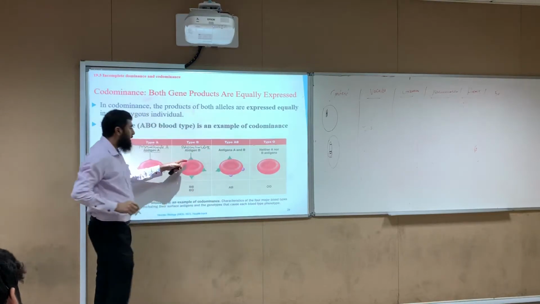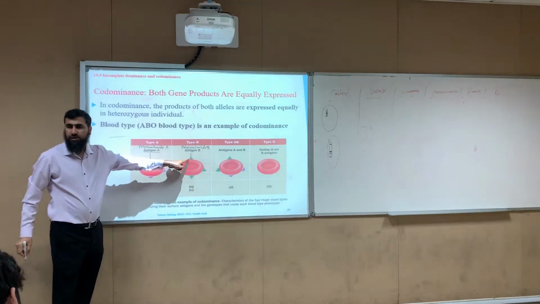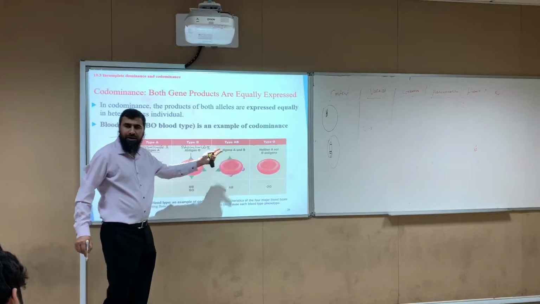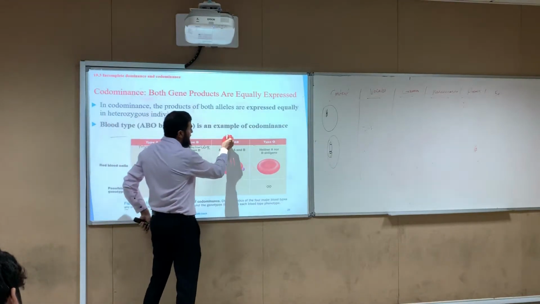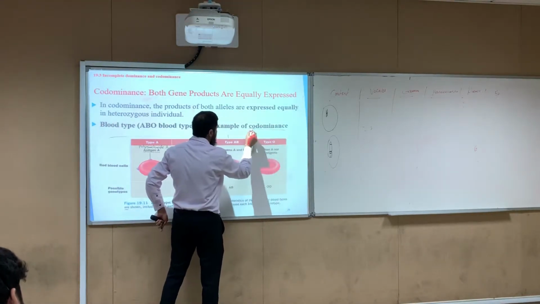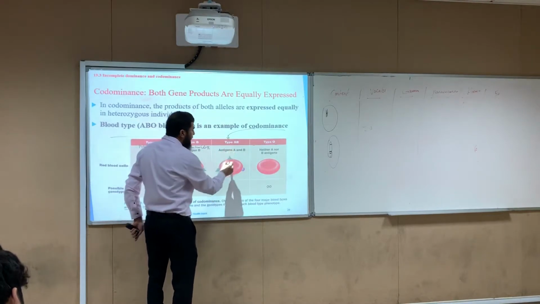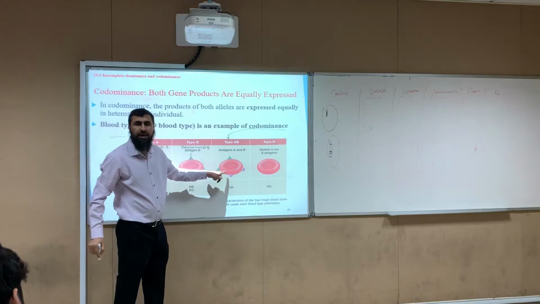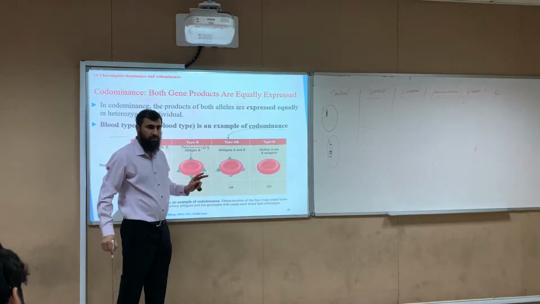And it's present on the surface of the blood cells if you have type B, okay? If you have AB, this is where the codominance comes in, okay? You have both A and B. You express polysaccharide A and B equally, okay?